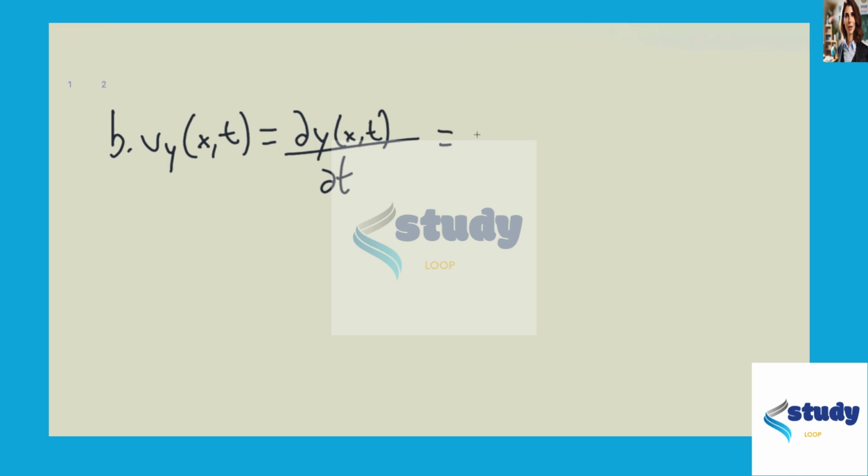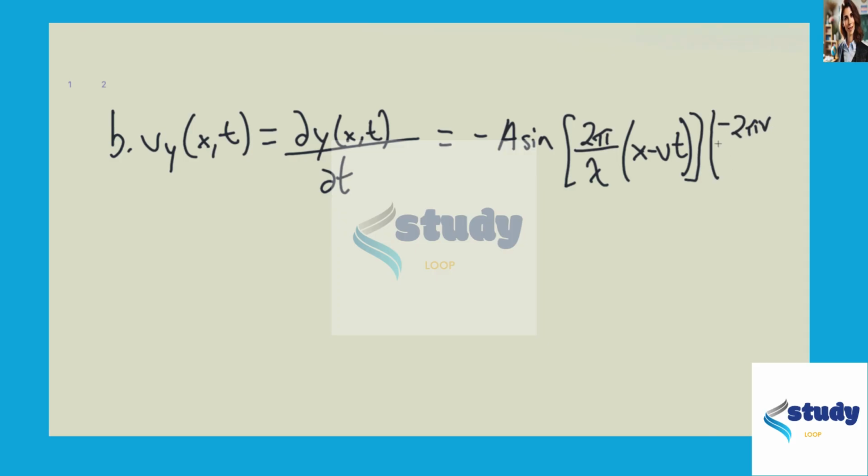And this is going to equal negative a sine of 2 pi over lambda times x minus vt, and this will be times negative 2 pi v over lambda, only because the derivative here would be negative v times 2 pi over lambda.